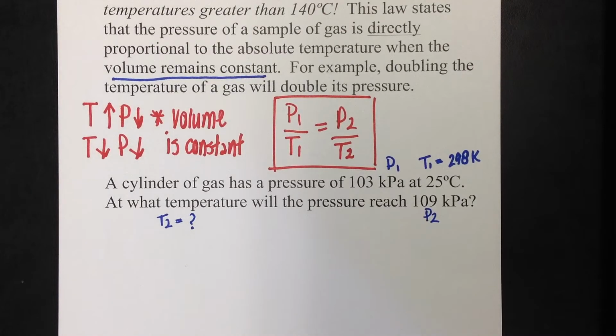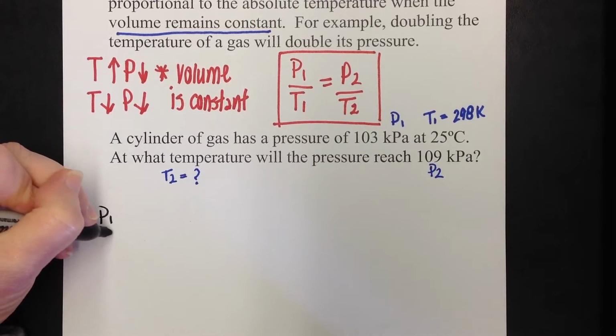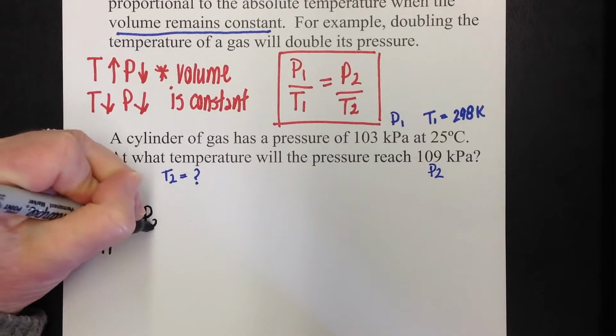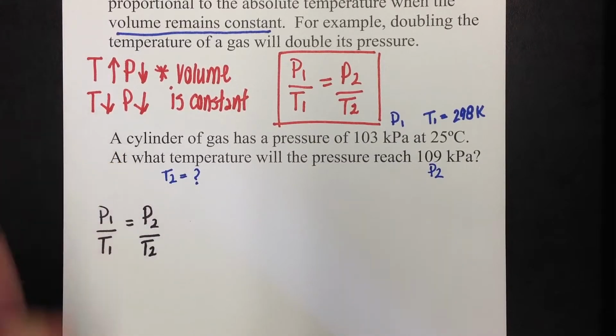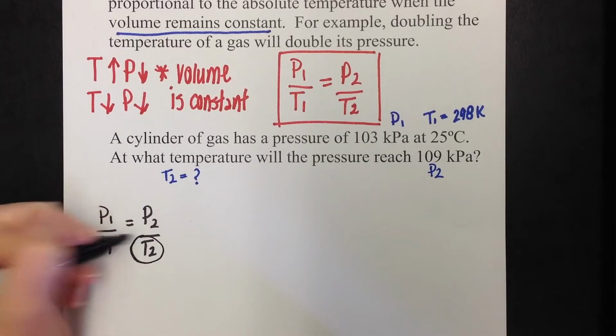You guys who've been following me know that's how I love to do these problems, because then everything has a place. So let's write down our formula and rearrange it. We have pressure 1 over temperature 1 equals pressure 2 over temperature 2. For this particular problem, I am solving for T2. Let's pretend math is not your thing, so we're going to circle T2.